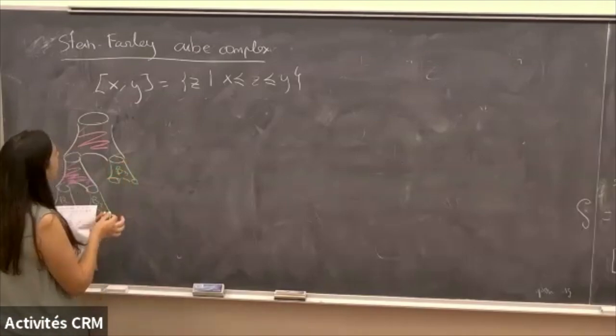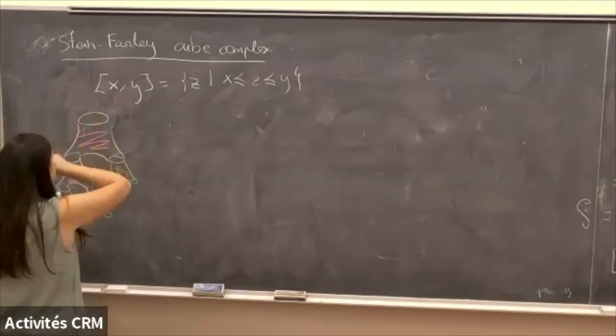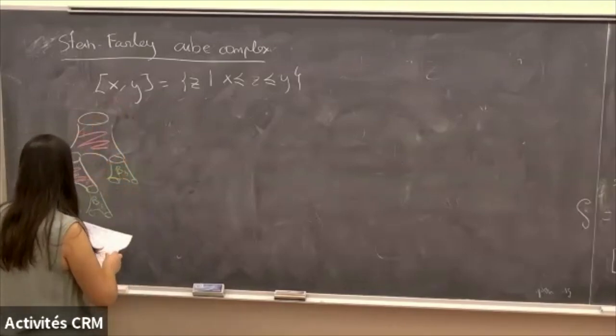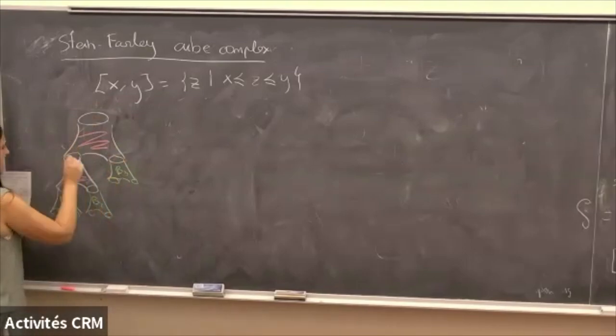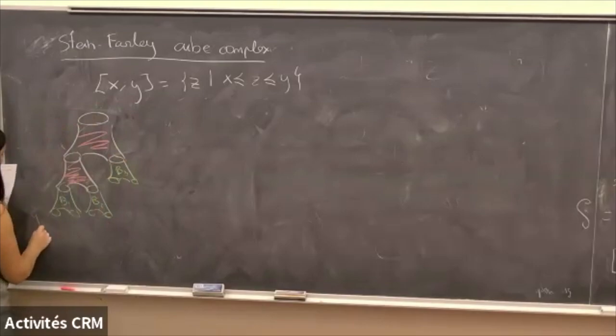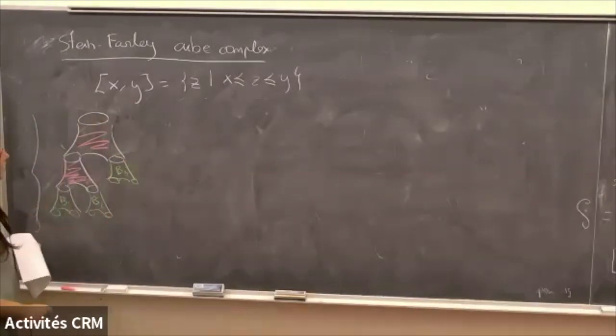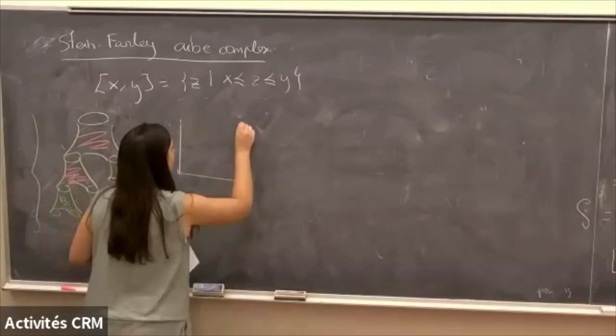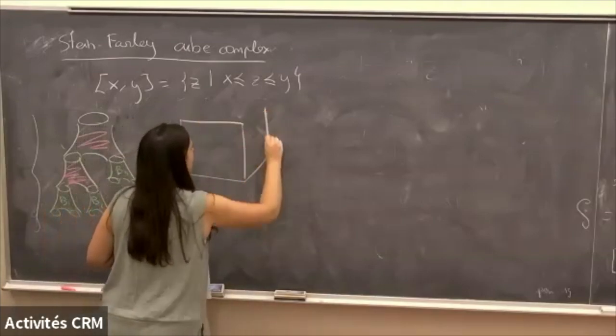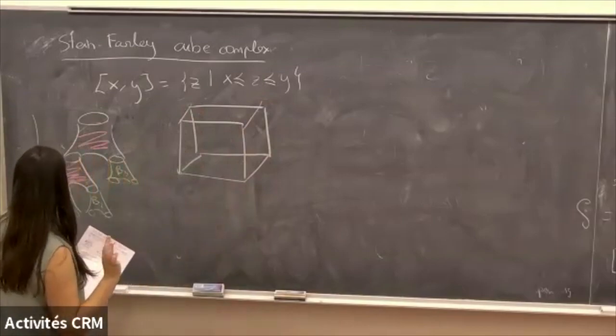So if this is X and the whole thing is Y, how is the cube? So the cube is, as you can imagine, I'm very bad at drawing, right? This is a cube. Yes, it's a cube.